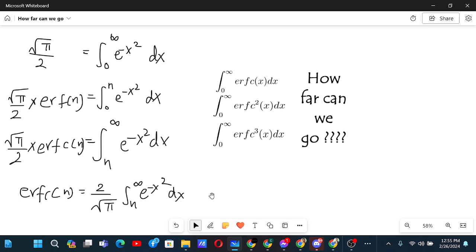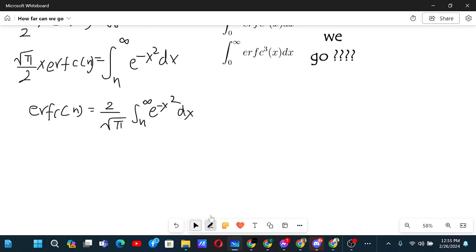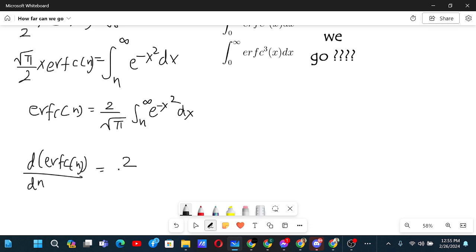Now if we have to differentiate erfc of n with respect to n, we might need that. What we can do is write the constant as it is. Let's say the integral of this function is A of x.